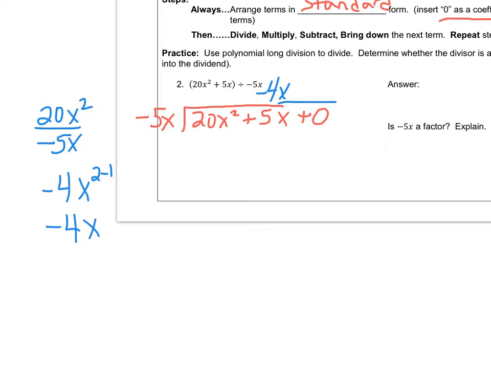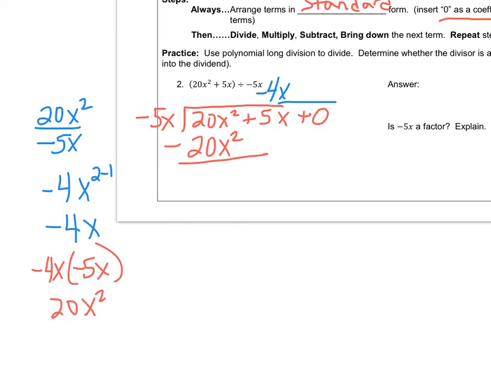That would be positive 20x squared. So that's going to go right here, 20x squared. Okay, our next step is we subtract. So those cancel out.